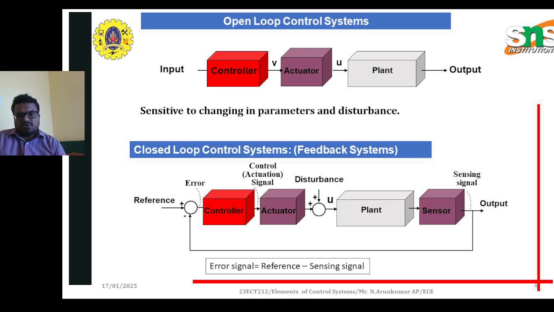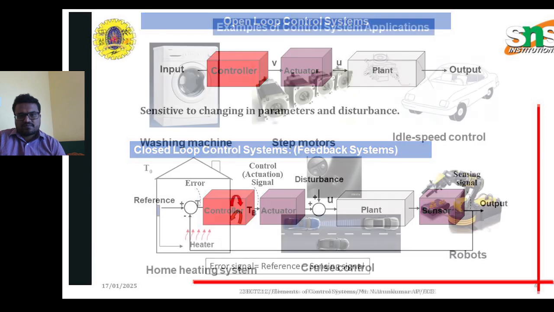The disturbance is used if we want to remove the error in the initial stage, or add some additional plant, so that it frames a feedback loop and we can get the output with respect to the input signals.